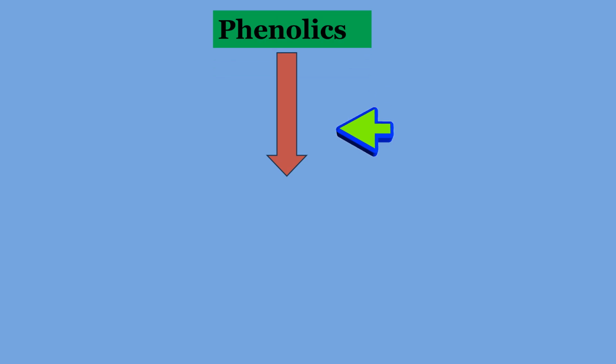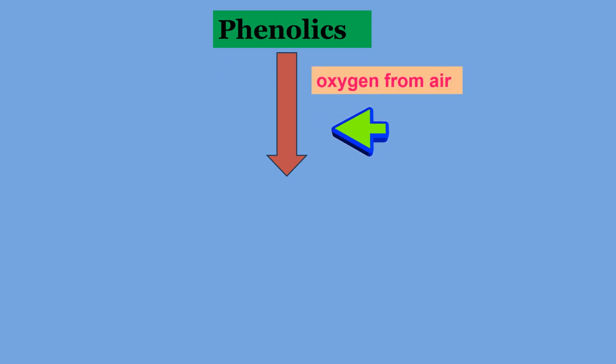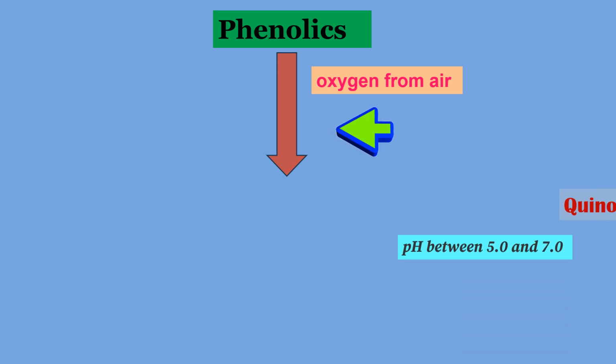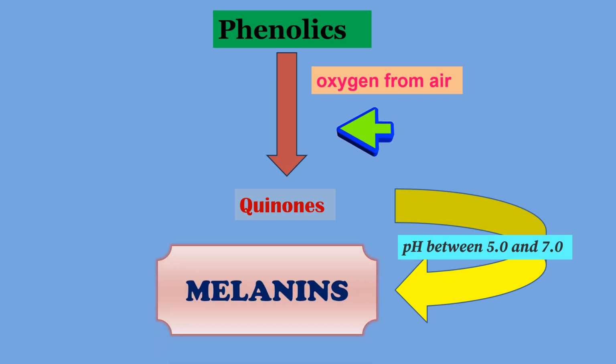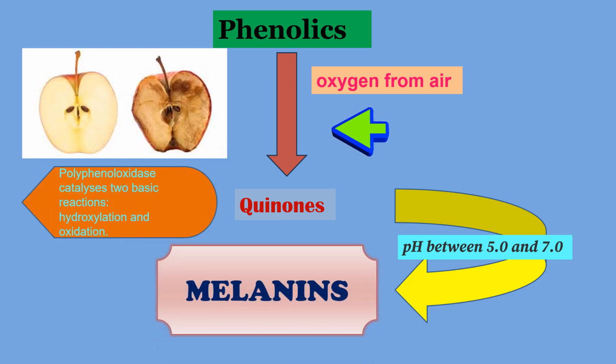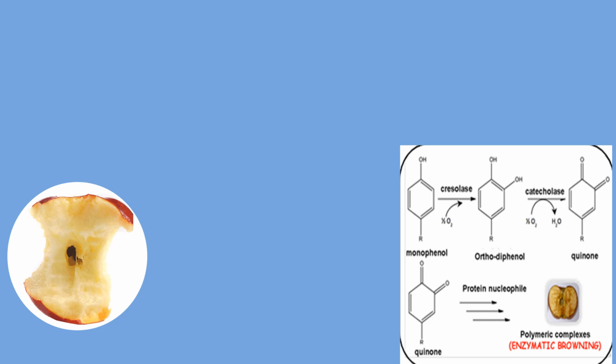The phenolic compounds present in fruits and vegetables, on destruction or cut, that is bruised, absorb oxygen from air. This results in the formation of an intermediary compound called quinones. Quinones, at a pH between 5 and 7, get converted into melanins. For this reaction, the enzyme polyphenol oxidase plays an important role, catalyzing two basic reactions, hydroxylation and oxidation.